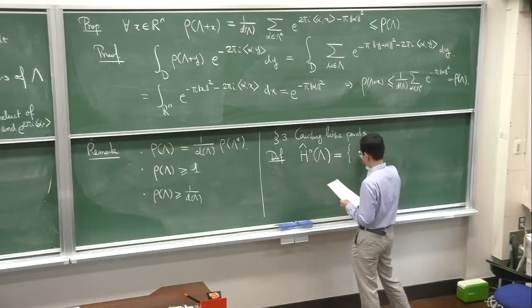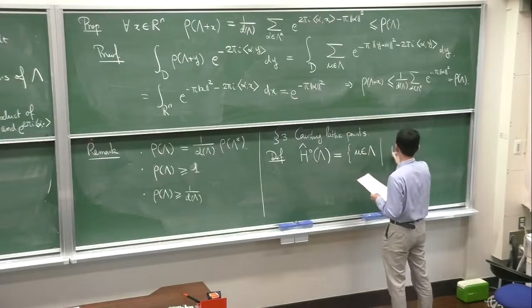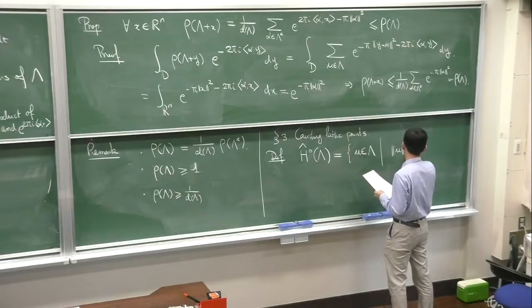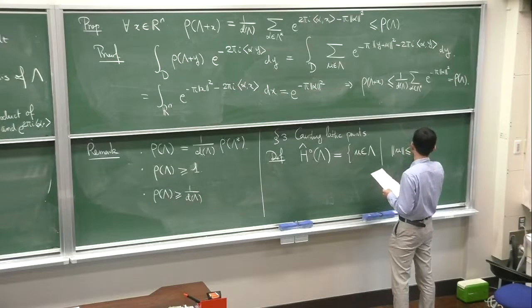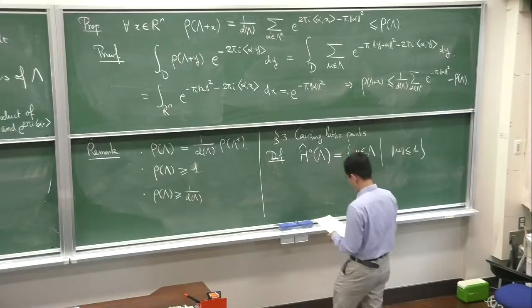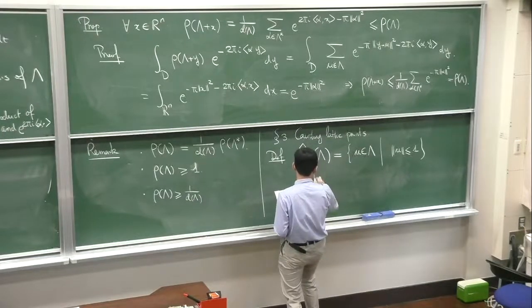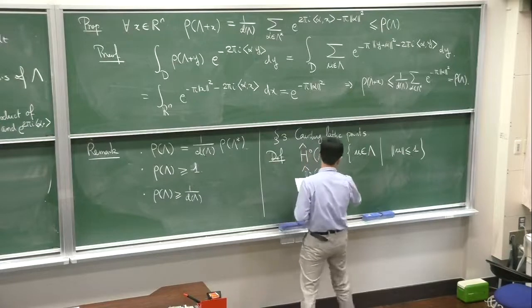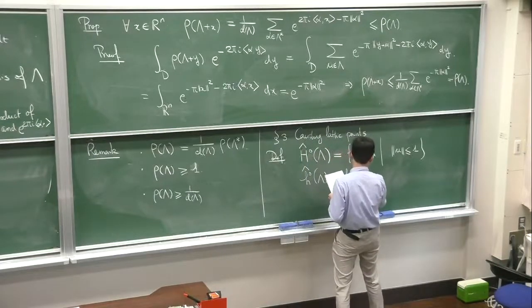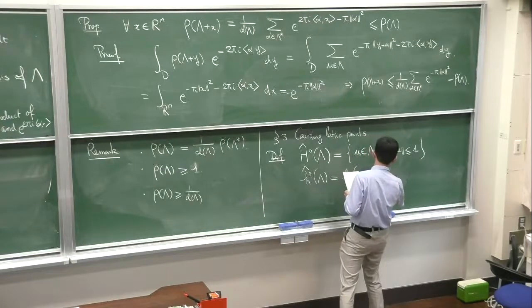So I count the set of lattice points which are inside the unit ball. And small h0 hat of lambda is given by the log of the cardinal of this set.